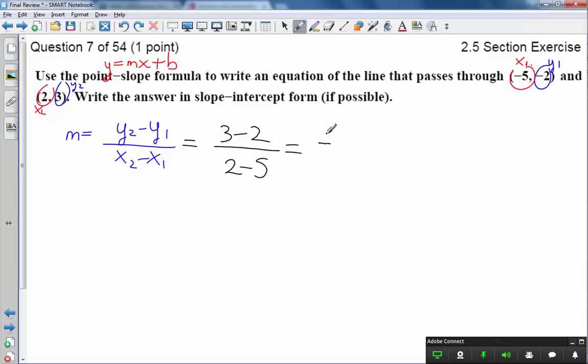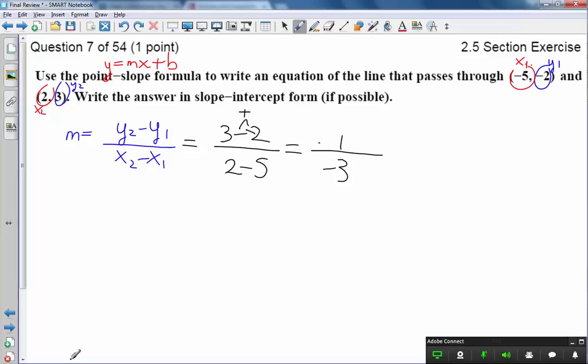The slope will be negative 1 over... Shouldn't they be positive? You have to add. Yeah, I was expecting that. So this should be positive 2, because it's negative of negative 2, making this thing positive.